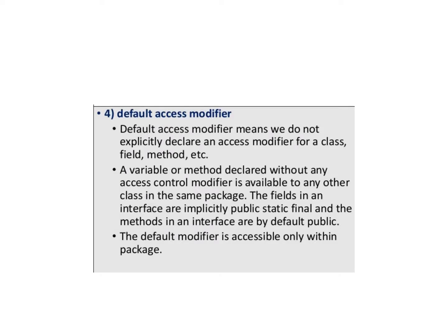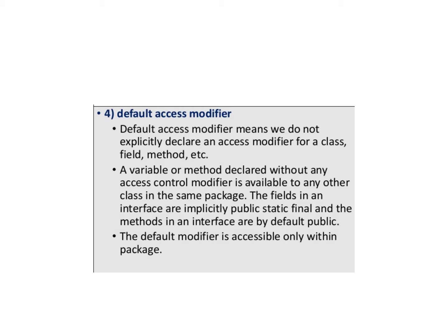Next one is the default access specifier. Default access specifier means we do not explicitly declare an access specifier or modifier for a class, field, method, etc. As I've told you, if we don't write any access specifier, it is taken as default. So there is no keyword for the default access specifier. A variable or a method declared without any access control modifier is available to any other class in the same package.